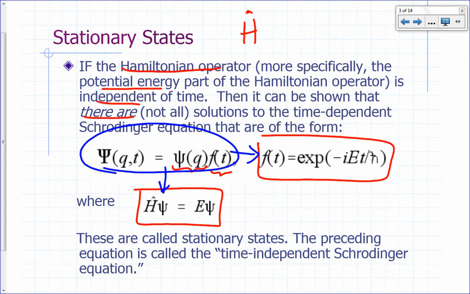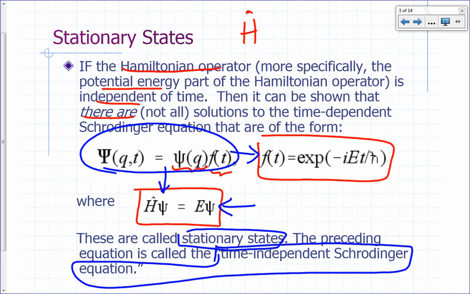Since we did not encounter a contradiction on the way, we've proven that there are in fact solutions of this form, function of coordinates times function of time. These types of solutions are called stationary states, okay? And this eigenvalue equation, H psi equals E psi, is known as the time-independent Schrodinger equation.